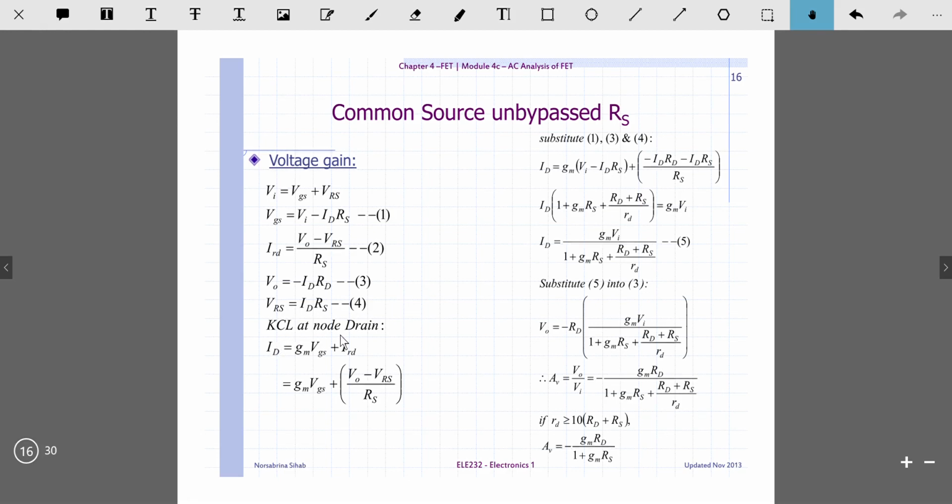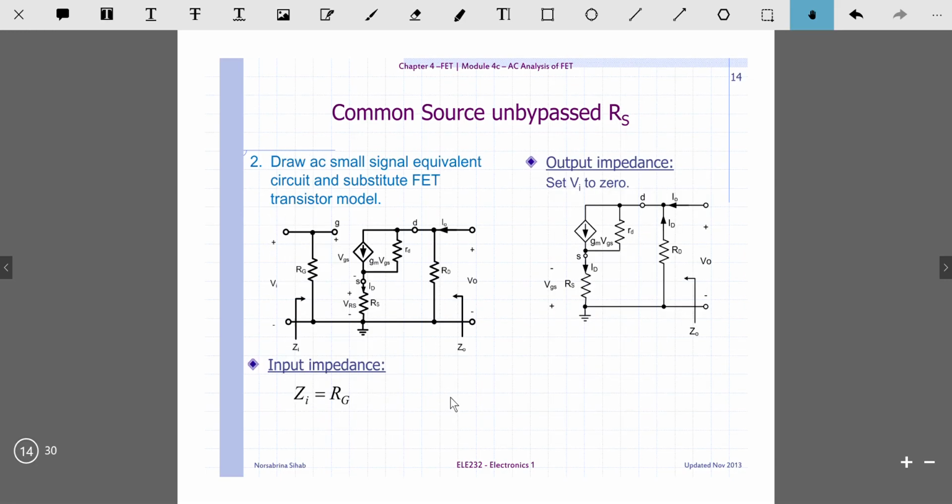Okay, KCL at node drain. This is equation number 4. Okay, so now we go on to the KCL at node drain. You'll get ID equals GM VGS plus IRD. So this equation is actually from this node over here.